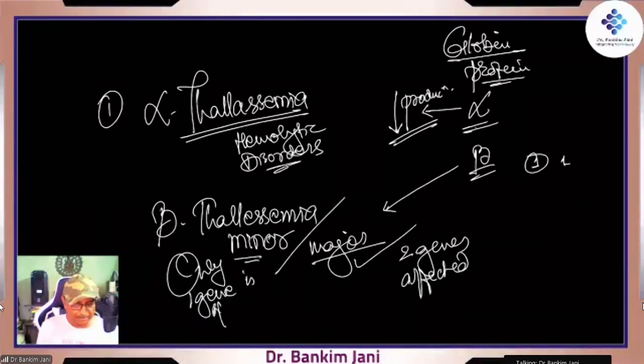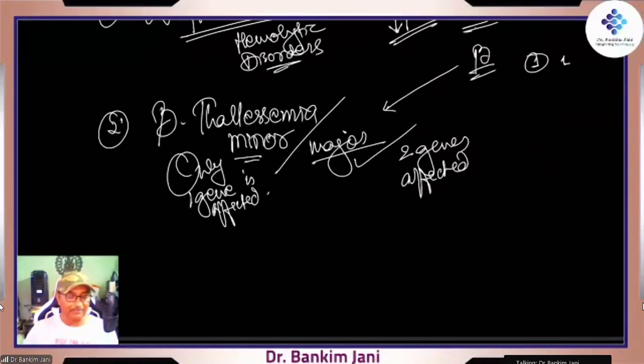One gene is affected. Sometimes people say, okay, kundali matchmaking, this, that. What if someone has beta thalassemia minor? That means that person is a carrier, right? There are no signs and symptoms, looks-wise everything is totally okay.